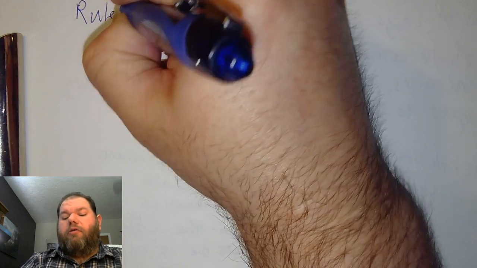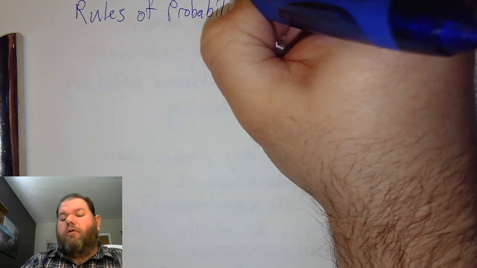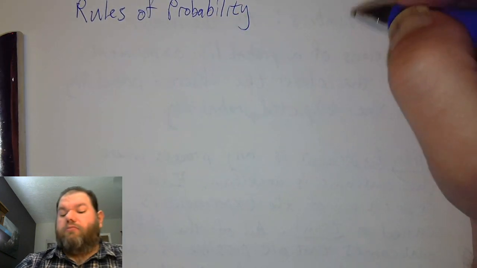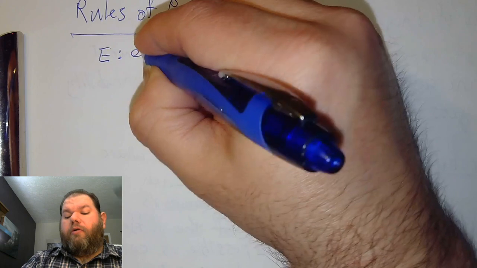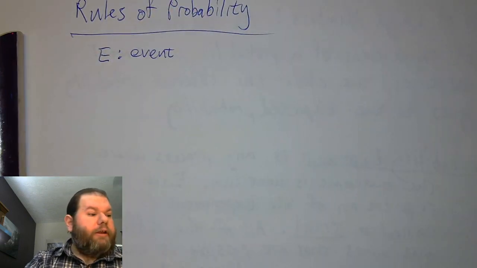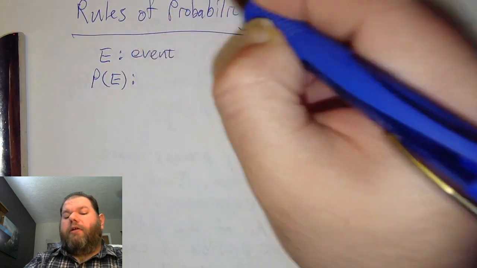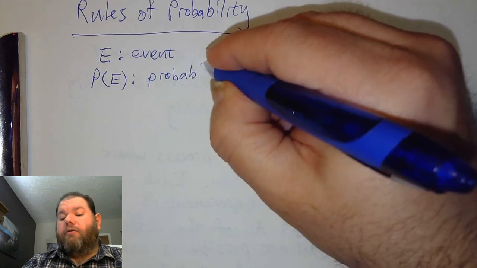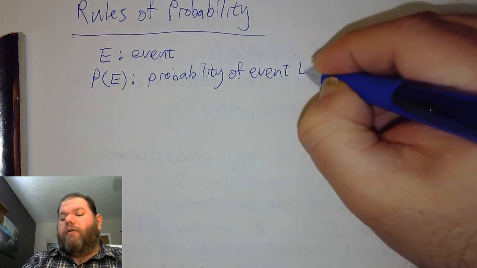Let's look at the rules of probability. We're going to let E be an event, and P, parentheses E, we'll call the probability of event E. So that's a bit of our notation.